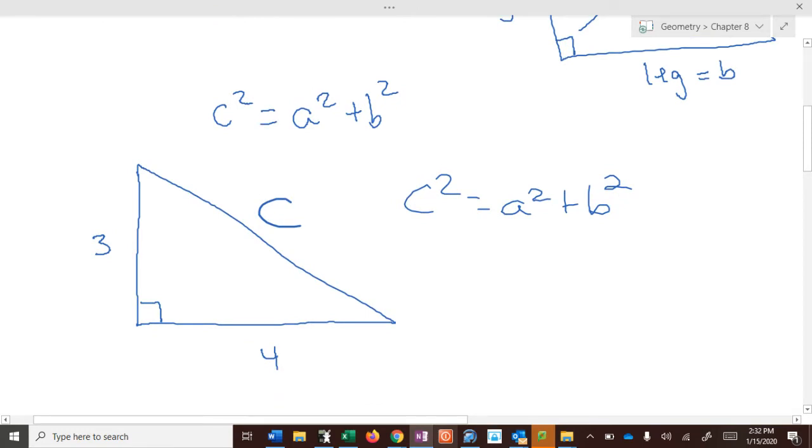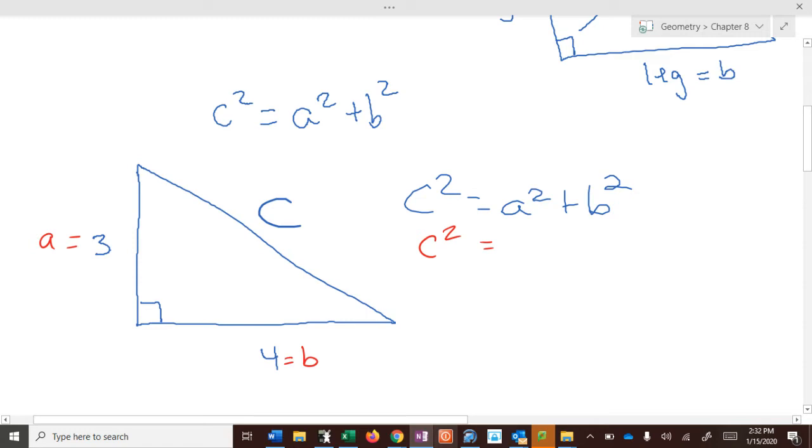Okay? We know that c squared equals a squared plus b squared, and we want to find the hypotenuse of this right triangle if we know one leg is 3 and the other leg is 4. Well, C is C. A can be this one up here, or it can be this one down here, but we'll make A the left one, the up and down one for right now, and B the bottom one.